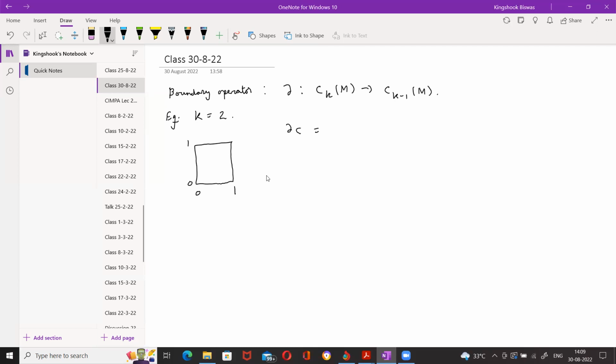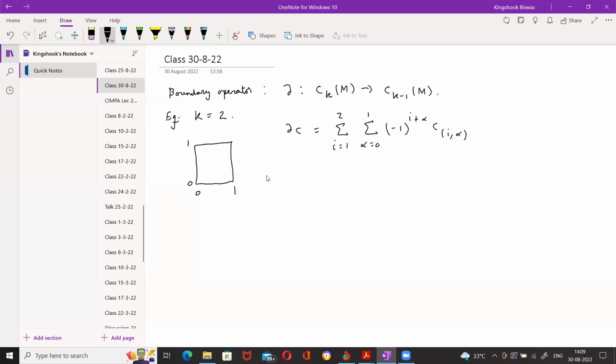Boundary of C is going to be a sum, i goes from 1 to 2, alpha goes from 0 to 1, (-1) to the i plus alpha, C_(i,alpha).